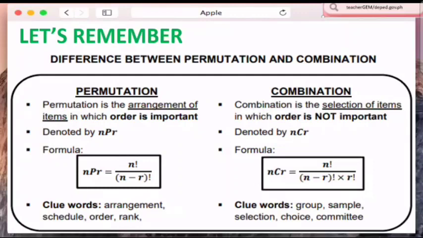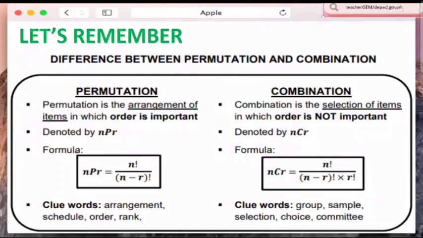Pa-combination naman po siya. Combination, selection of items in which order is not important naman po. So, hindi na importante kung ganun yan, di ba? Yung parang yung pizza natin kanina, kahit ano yung arrangement niya. Pag may umuulit, counted as 1 lang siya, depende sa pagka-construct ng sentence. Denoted daw po siya by the combination of n taken by r.